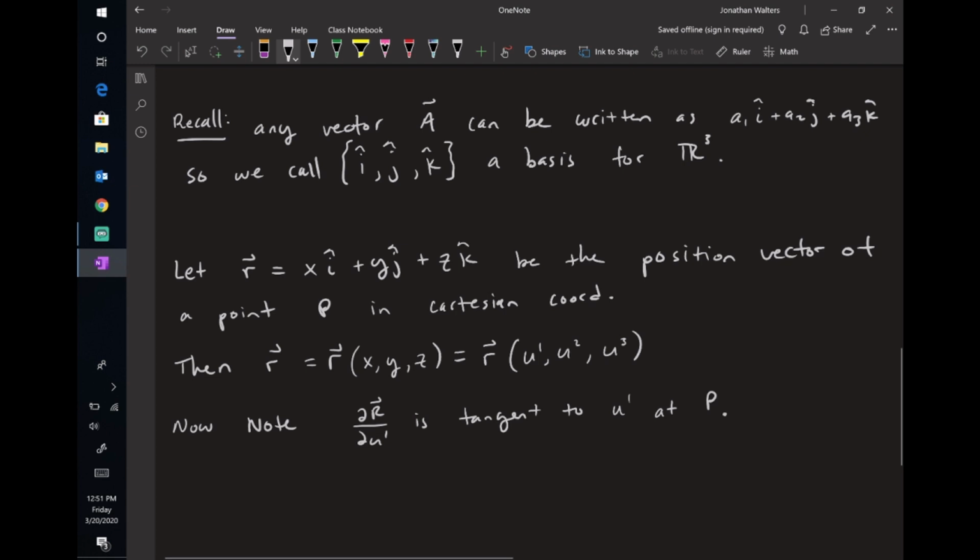If you think of this as taking the derivative with respect to x, then you're looking at the tangent vector in the x direction.